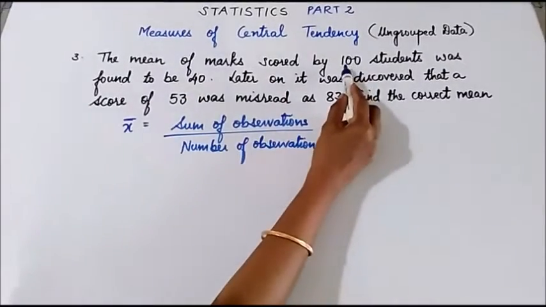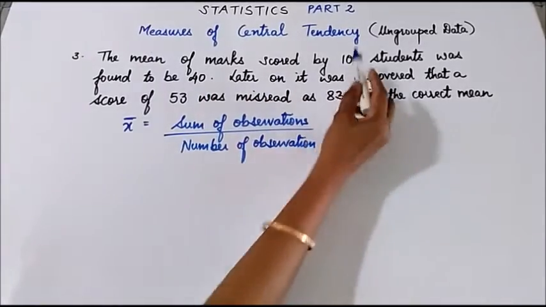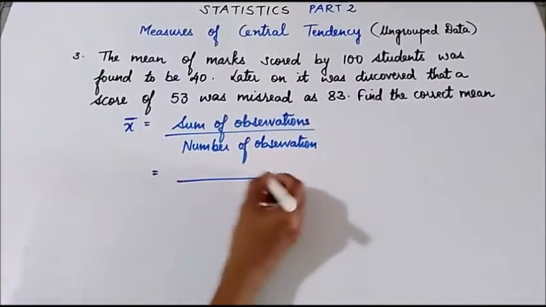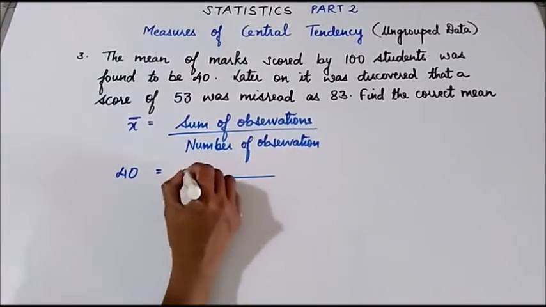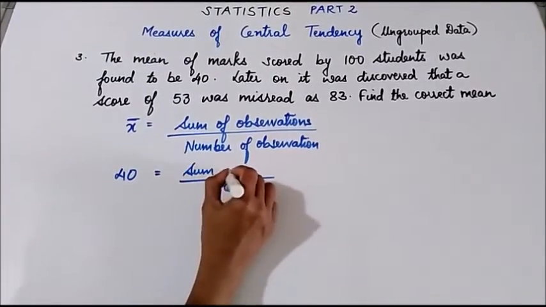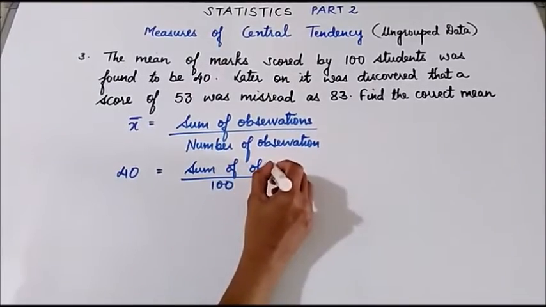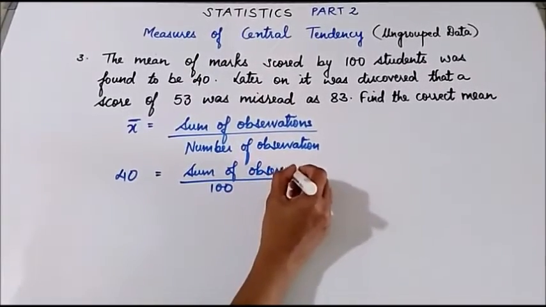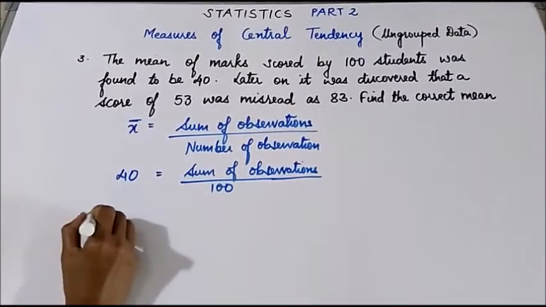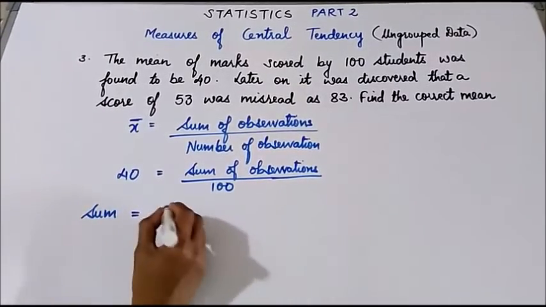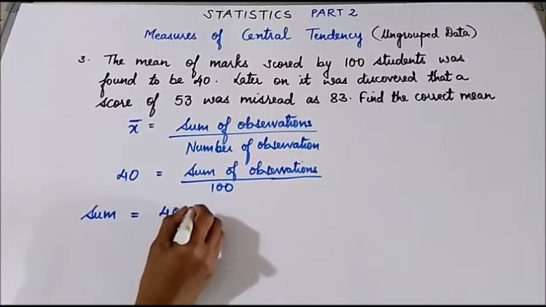Here it is given that the mean marks scored by 100 students, that means the number of observations is 100 and the mean was 40. What we get here? The sum of observations is equal to 4000.